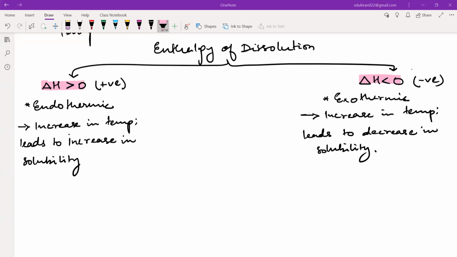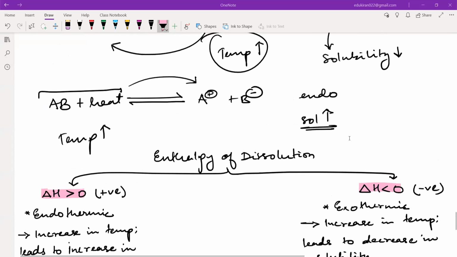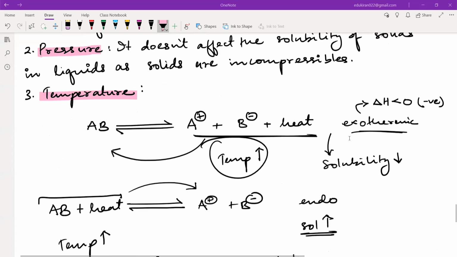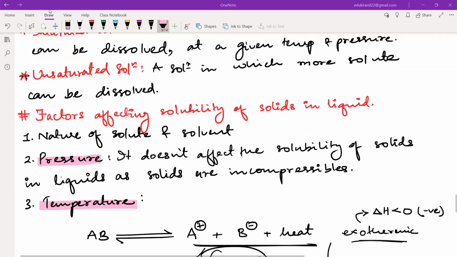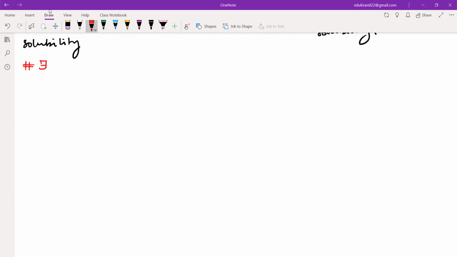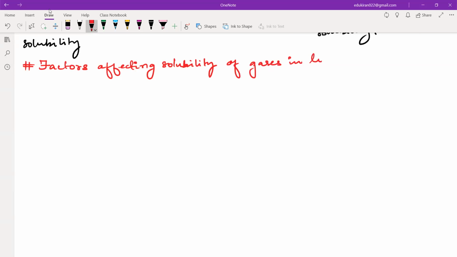Yes, sir. Okay. Fine. So we have looked at the factors that affect the solubility of solids and liquid: nature of solute and solvent, pressure, temperature. Now we are going to look at the next factors affecting solubility of gases in liquids.